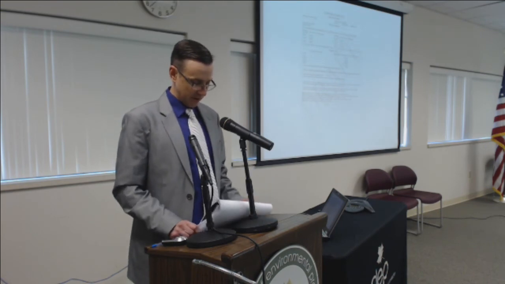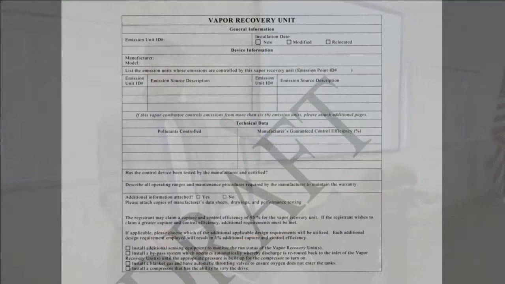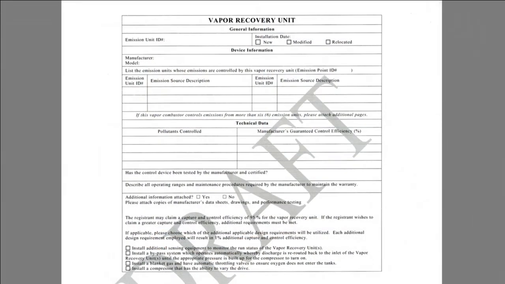Now for vapor recovery units, similar to the flare, we're asking you to indicate all of the emission units that the vapor recovery unit services, and you need to include the emission unit ID of each and emission description. You need to include the pollutants that are controlled and the control efficiency associated with it.